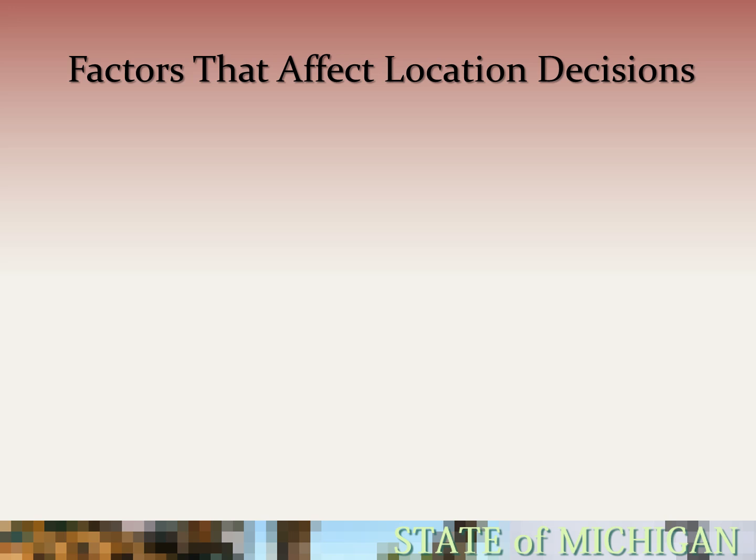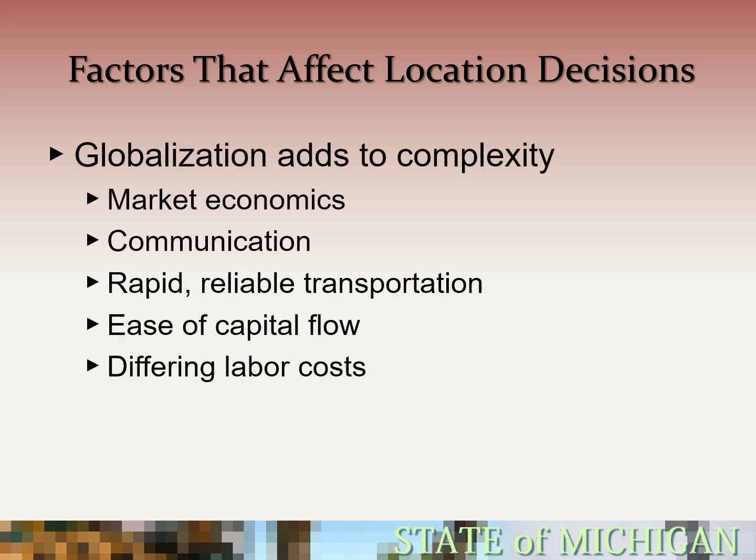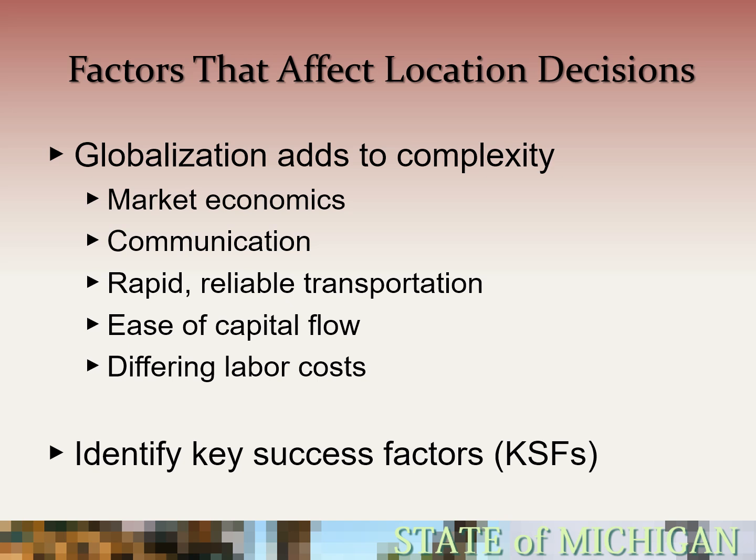Some factors that affect your location decisions. Globalization adds to the complexity of the market economics, communication, the ability to have rapid, reliable transportation, the ease of capital flow, and the differing labor costs. You want to identify the key success factors.